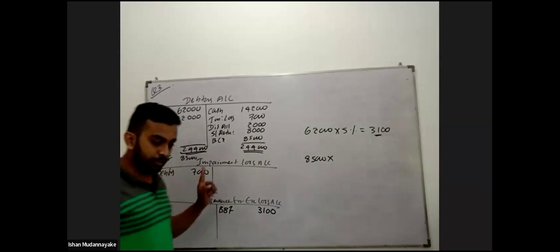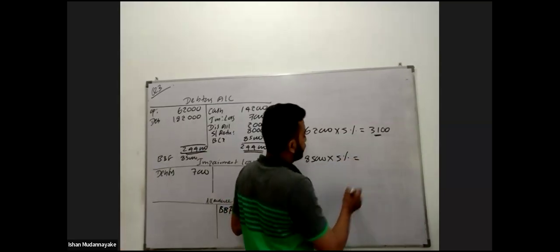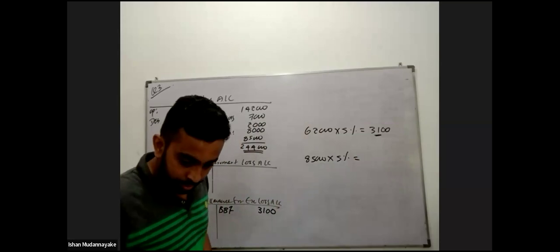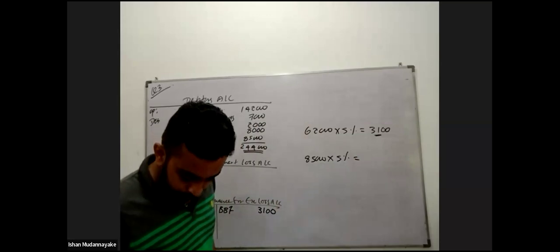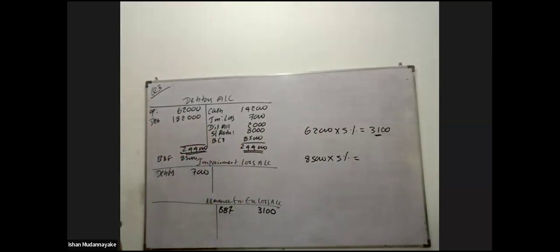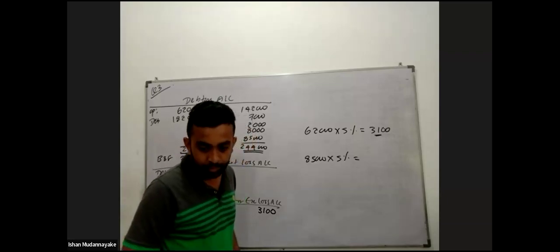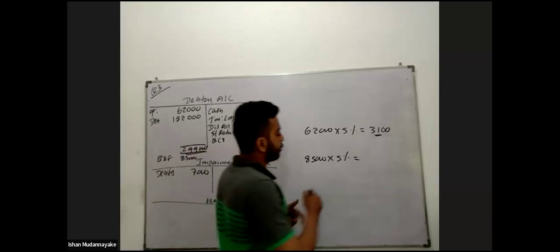Now, in the allowance for expected loss, 5% should be there based on the closing debtors balance. How much? 85,000 into 5%, 4,250. Yes, 4,250.